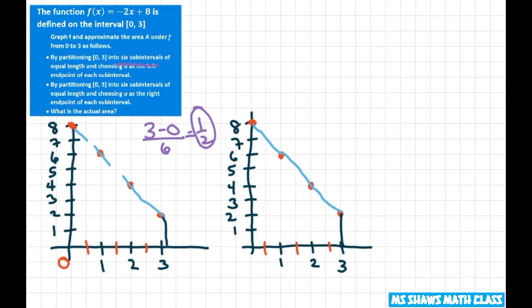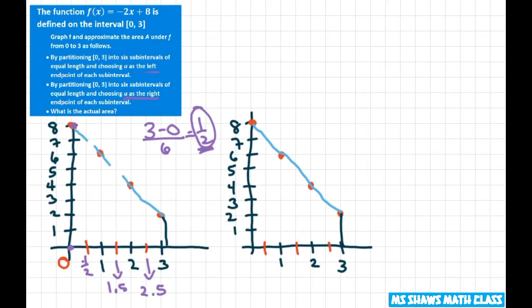If we're using u as the left, then we start at 0 and we go up to 8 and then draw over. Since we're dividing this by 6, it's going by halves. So this will be 1/2, 1, 1.5, then 2.5, like that.